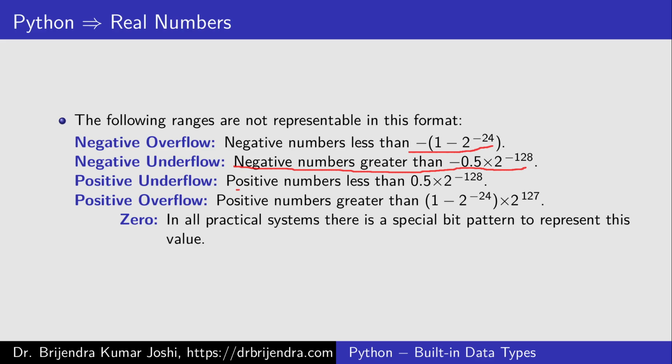Positive underflow, positive numbers less than 0.5 multiplied by 2 to the power minus 128. Positive overflow, any positive number greater than 1 minus 2 to the power minus 24 multiplied by 2 to the power 127. And in all practical systems, there is a special bit pattern to represent the value which is known as 0.